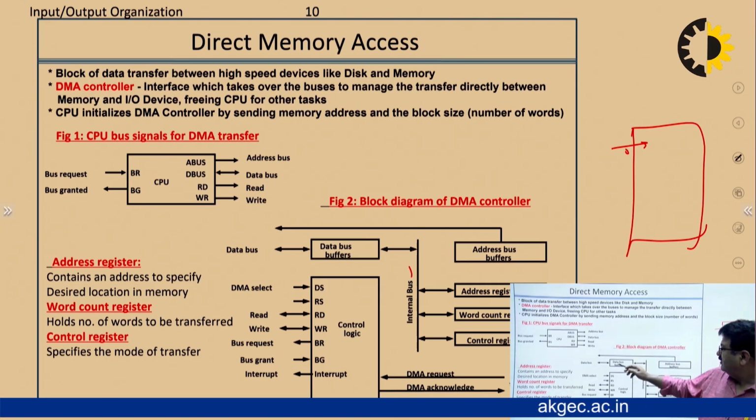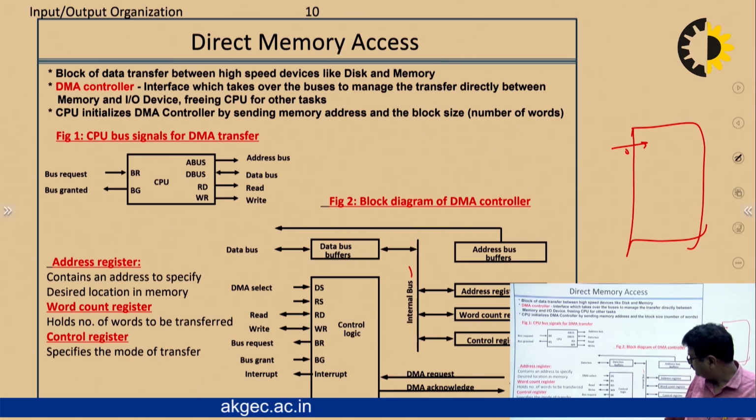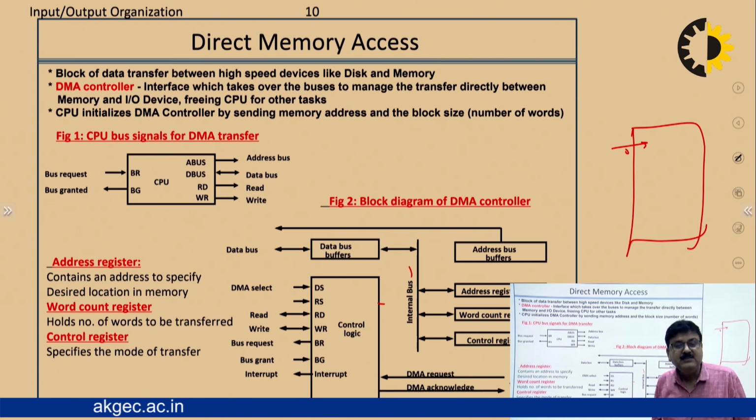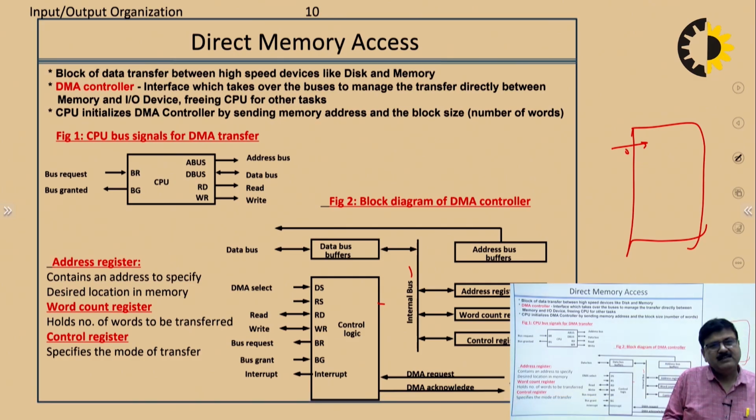Now, this is the address bus buffer, data bus buffer, and these are DS and RS. DS means DMA select, and RS means register select. Register means address register, word count register, control register.